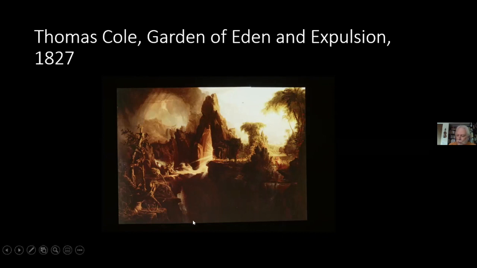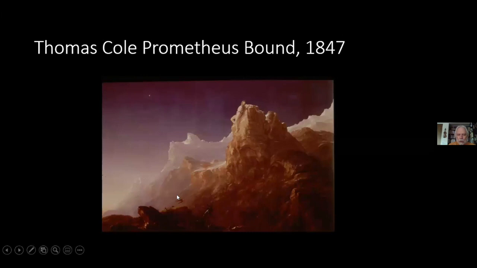Now, Cole was America's great early landscape artist and the founder of the Hudson River School of Landscape, but he also took on a lot of religious and mythological art. Here's, again, a mythological subject where, just like with the religious subject of Allston, the figure is comparatively tiny.